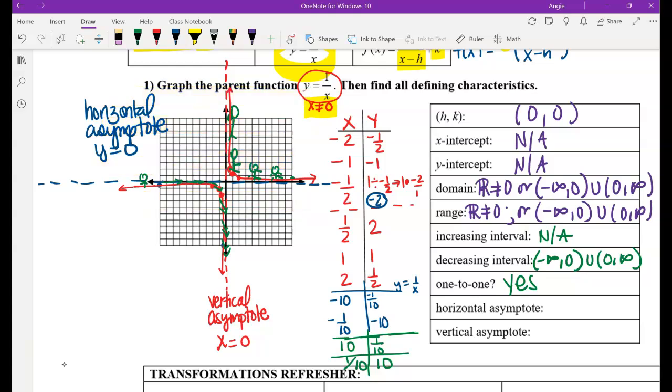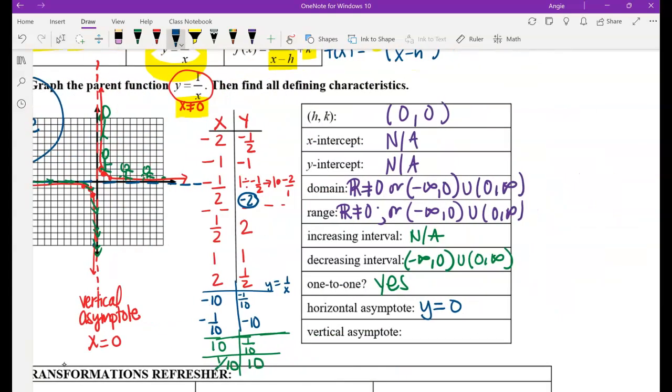Now, next is going to be the horizontal asymptote. Yes, you have a horizontal asymptote. We talked about this right here. Horizontal asymptote is what y cannot be, so we're going to write y equal to 0. I'm going to put a star on here. Horizontal asymptote is what y cannot be. We do have a vertical asymptote.